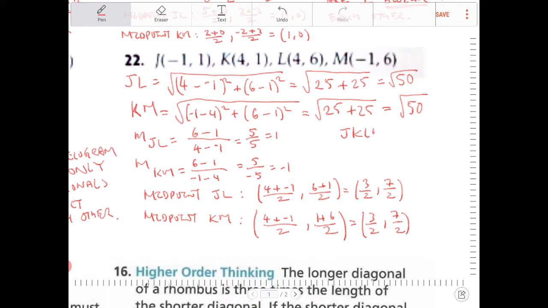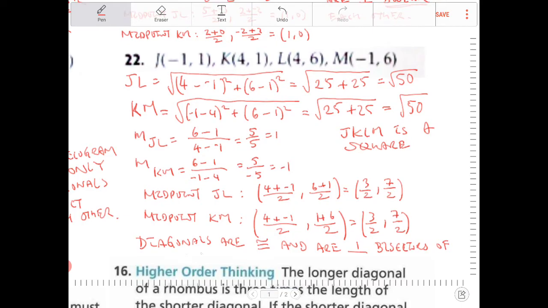So JKLM is a square because diagonals are congruent and are perpendicular bisectors of each other. Okay.